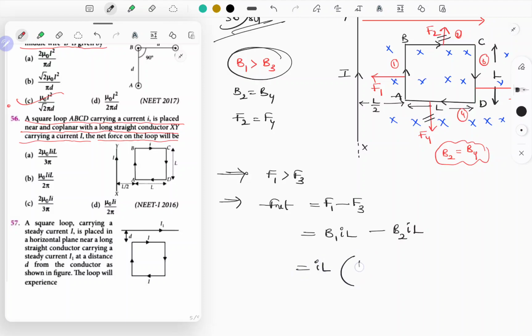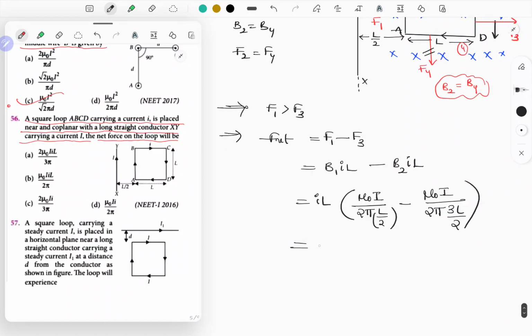What is the B1 formula? Mu naught I divided by 2 pi r, where the distance is L by 2, since it's due to an infinite wire, right? Minus B3, which is mu naught I divided by 2 pi into L plus L by 2, that is 3L by 2.